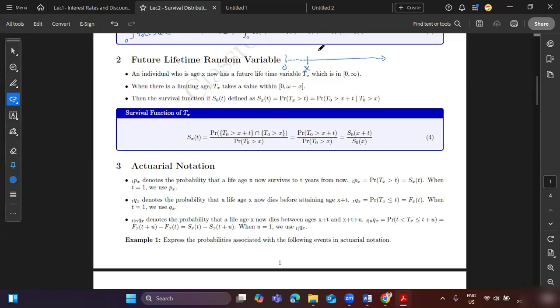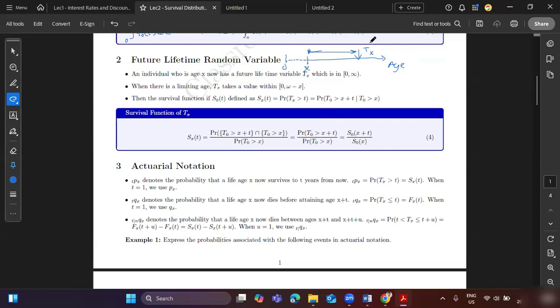This is the period we are worried about, starting from this point to here, and somewhere in here the death can occur. That is the measurement to death. So this is the time taken to death of a person who is at age X, and this is called the future lifetime random variable.